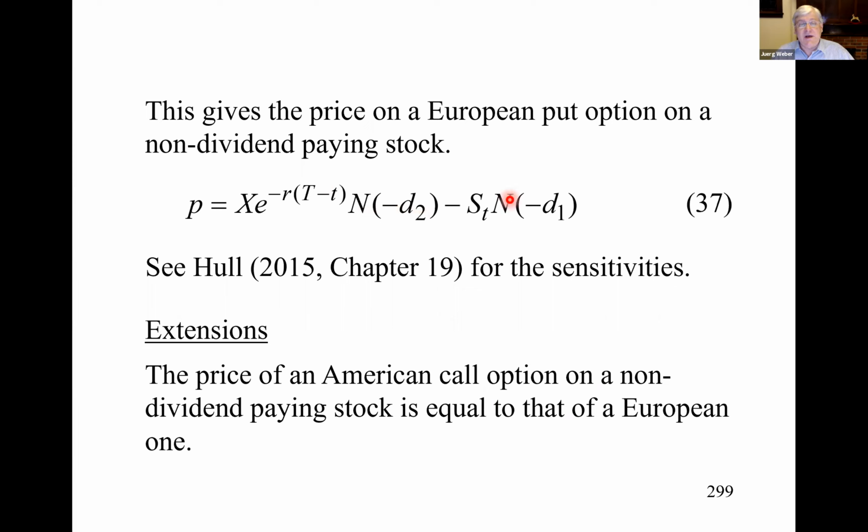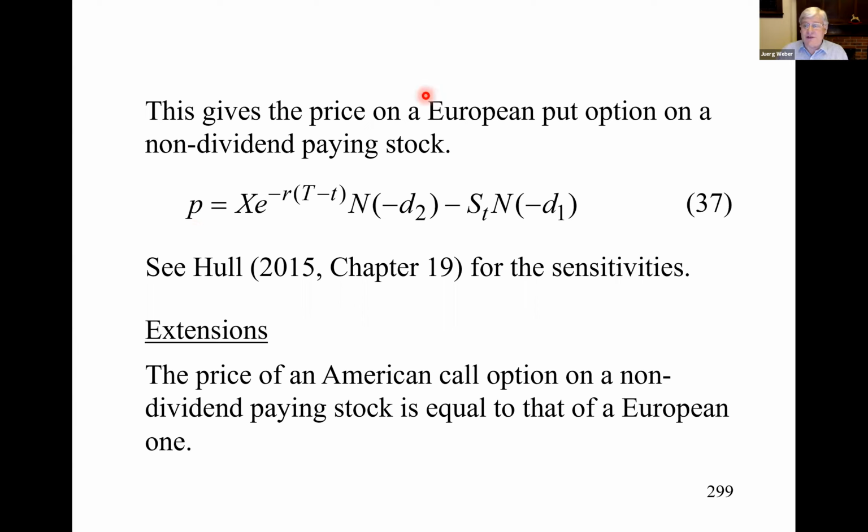So that's now the price of a European put option on a non-dividend stock in the Black-Scholes model. But we did not solve a differential equation here. We just simply used the solution for the call option, put it into the put-call parity condition and solved for the put option.